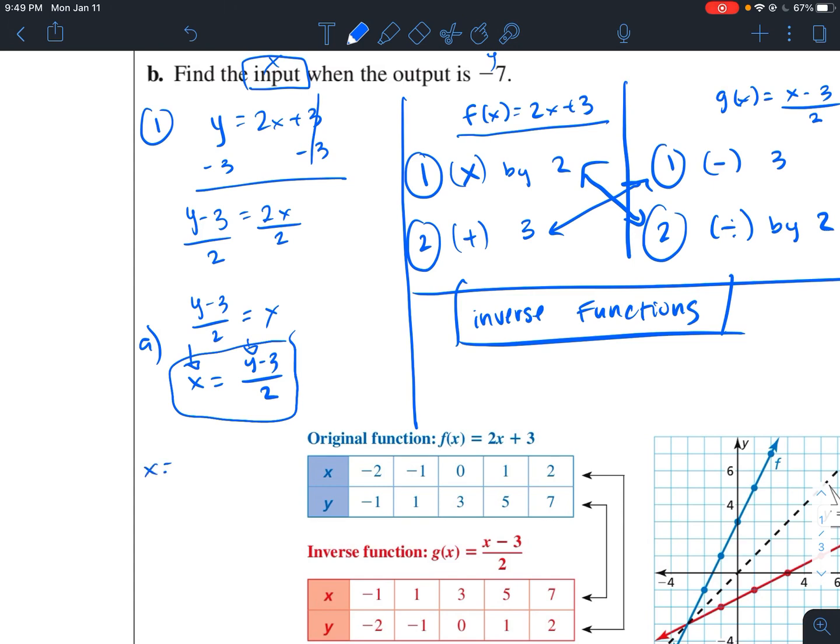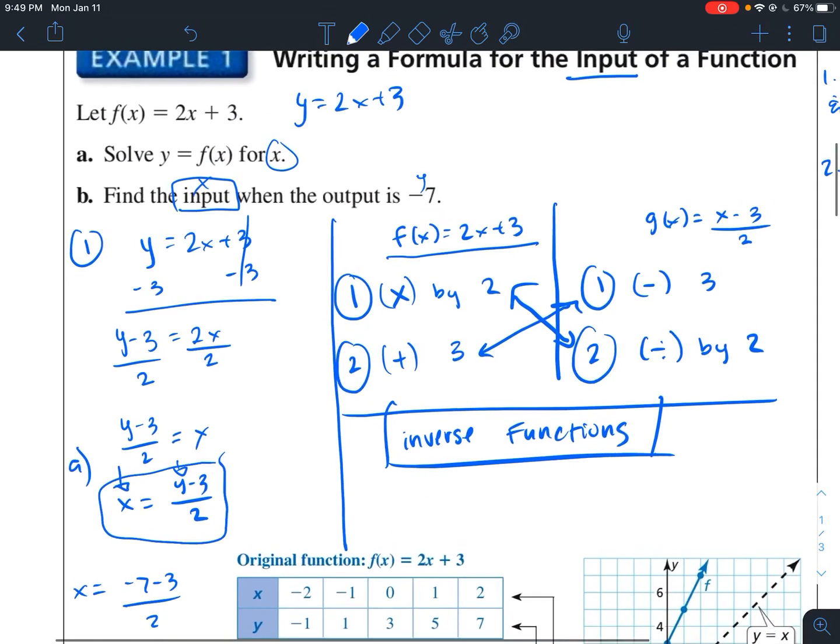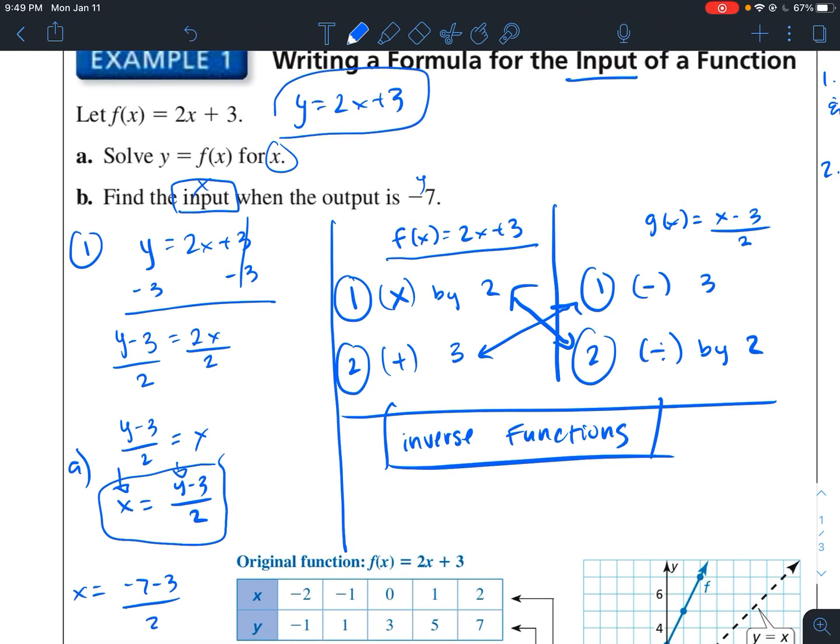So that means x is equal to -7 minus 3 divided by 2. So then the input is -10 divided by 2, which is equal to -5. So the input for the function is -5 when the output is -7. Now you could have easily done the same thing using this equation. You would have gotten the same answer.